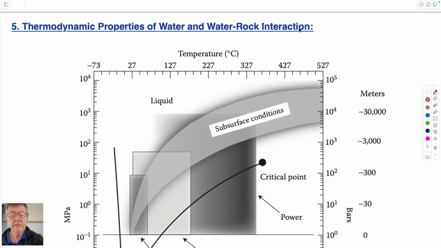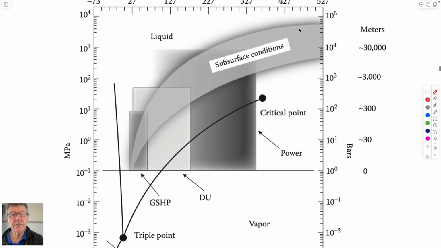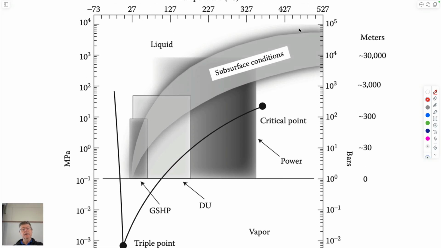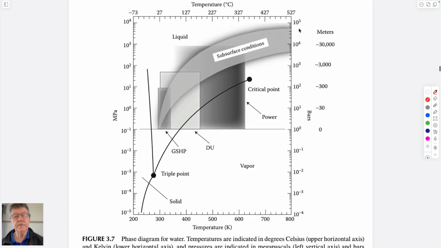And finally, or not almost finally, you can think about these things in terms of the geometry of a reservoir. And so if you look at a phase diagram for water, so this is temperature in degrees Kelvin.